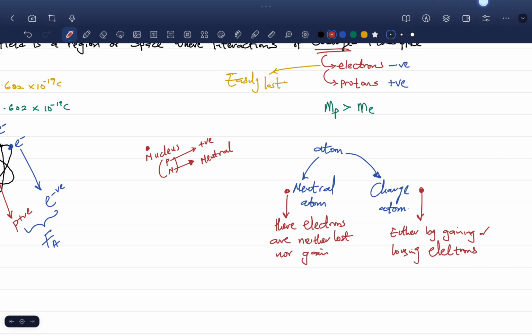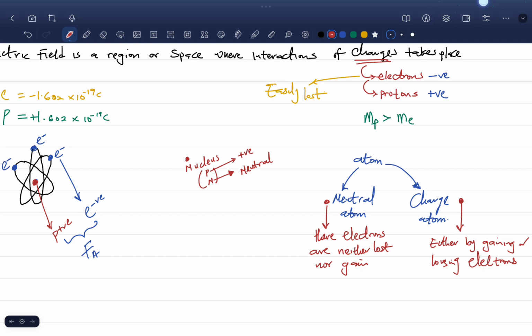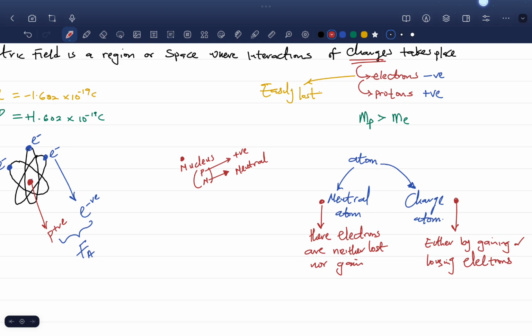So they can either gain electrons or lose electrons. So an atom becomes charged either by gaining electrons or by losing electrons. When an atom is charged, we refer to it as an ion.